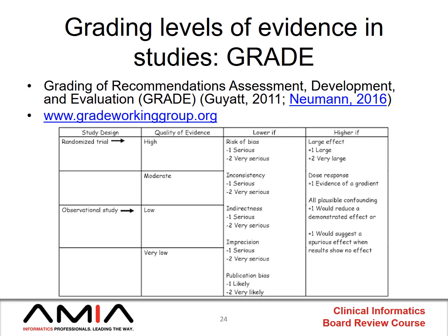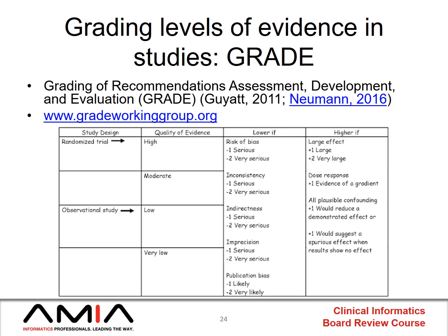There are two main study designs from which evidence is based. One is the randomized controlled trial, which initially has a high quality of evidence, and an observational study which has a lower quality of evidence. There are then attributes of the study that will raise or lower the quality of evidence by 1 or 2 levels. For example, if there's serious risk of bias, the quality of evidence will be downgraded 1 level, or if it's very serious, then 2 levels.